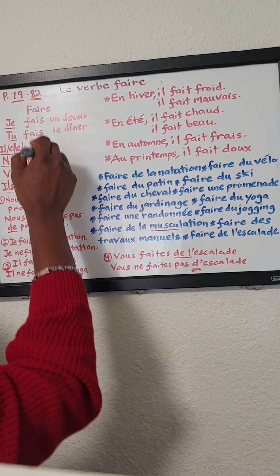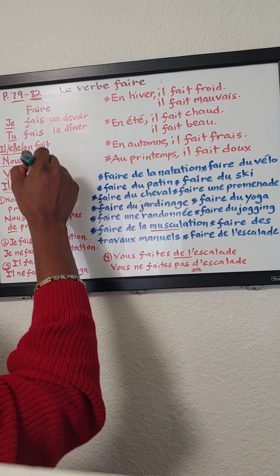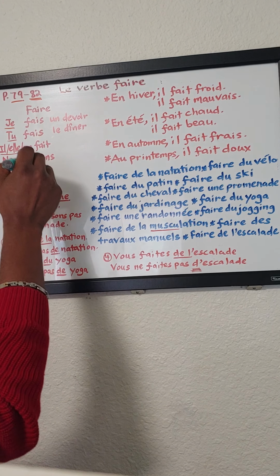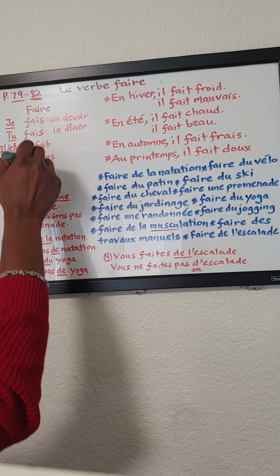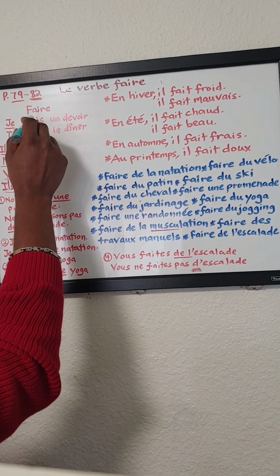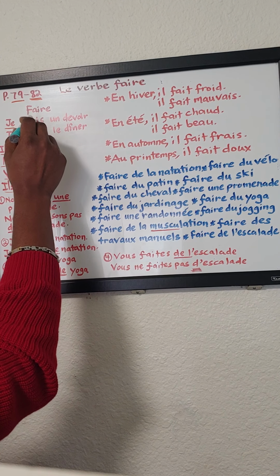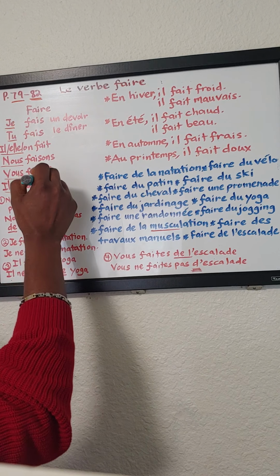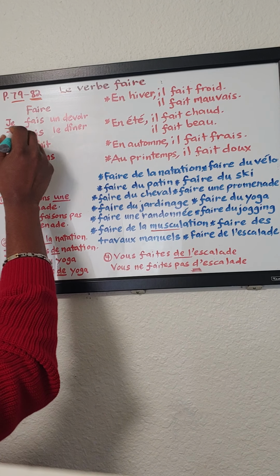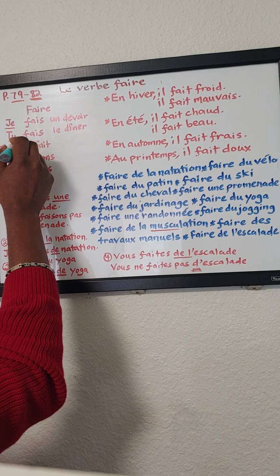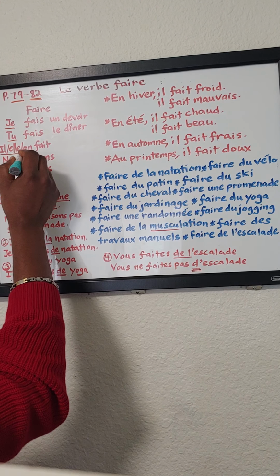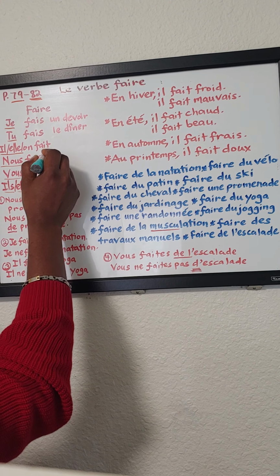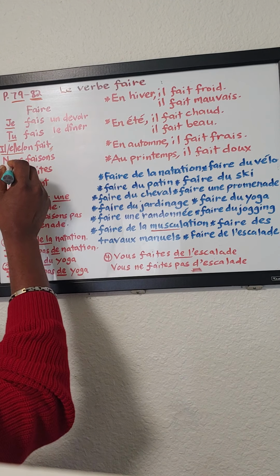It does not follow any pattern, so you have to study in the present tense the verb faire on its own terms. Je fais, tu fais, il, elle, on fait, nous faisons, vous faites. See, it changes drastically here, right?